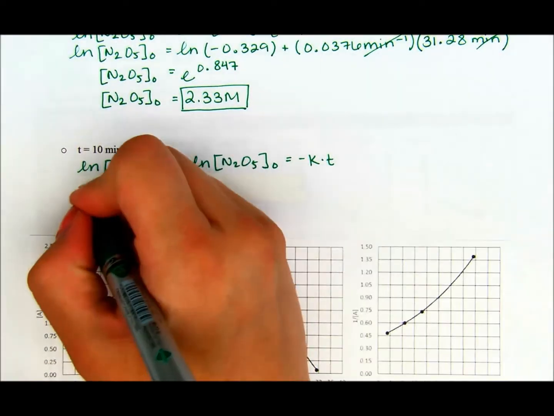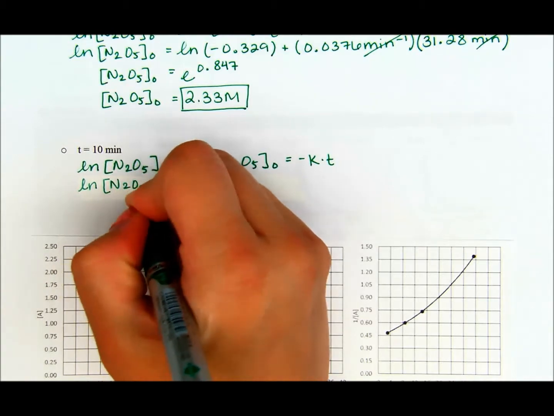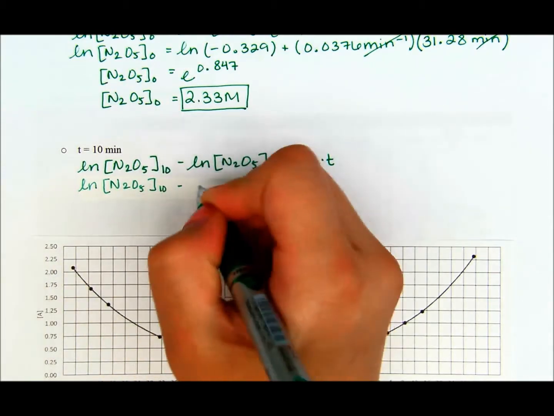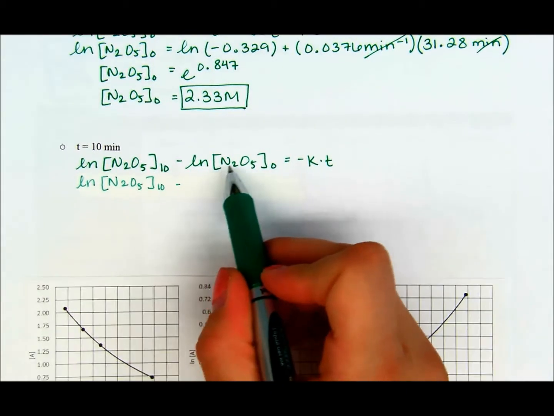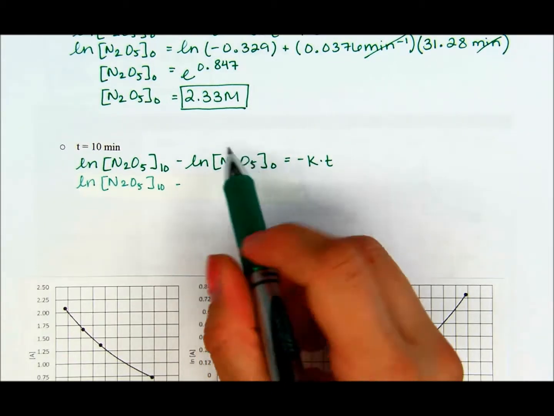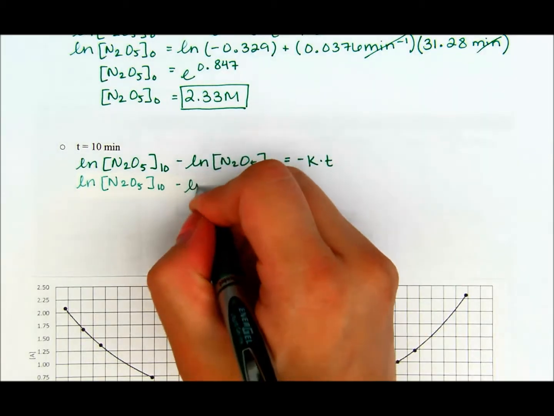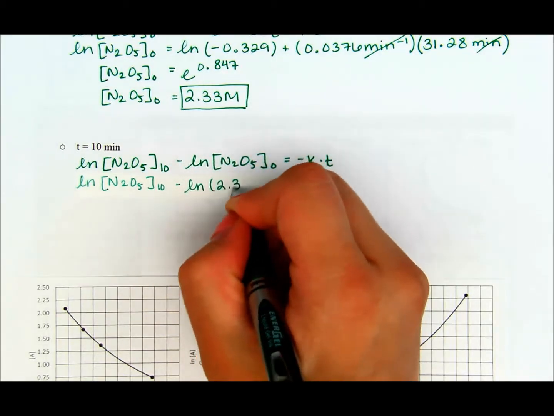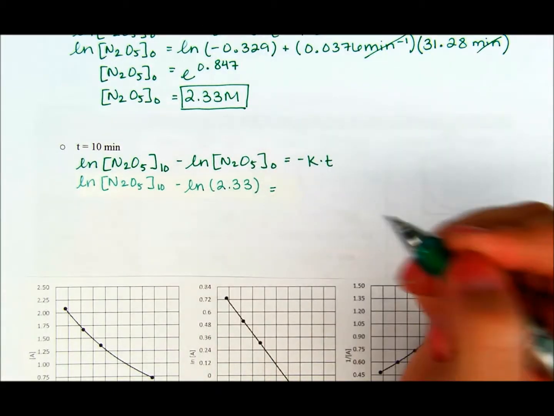Moving on here, we already calculated the concentration of N2O5 at time 0. That was our previous answer in our last problem. So the natural logarithm of 2.33 is going to be equal to negative kt.